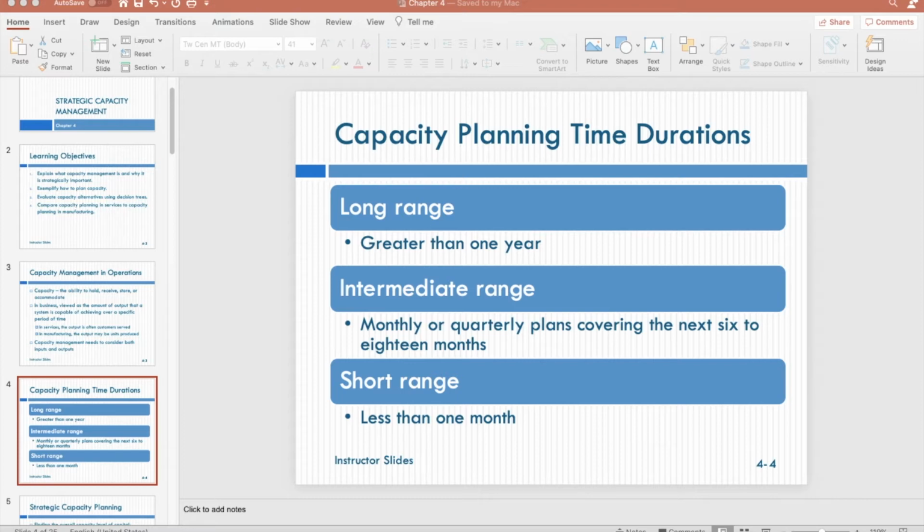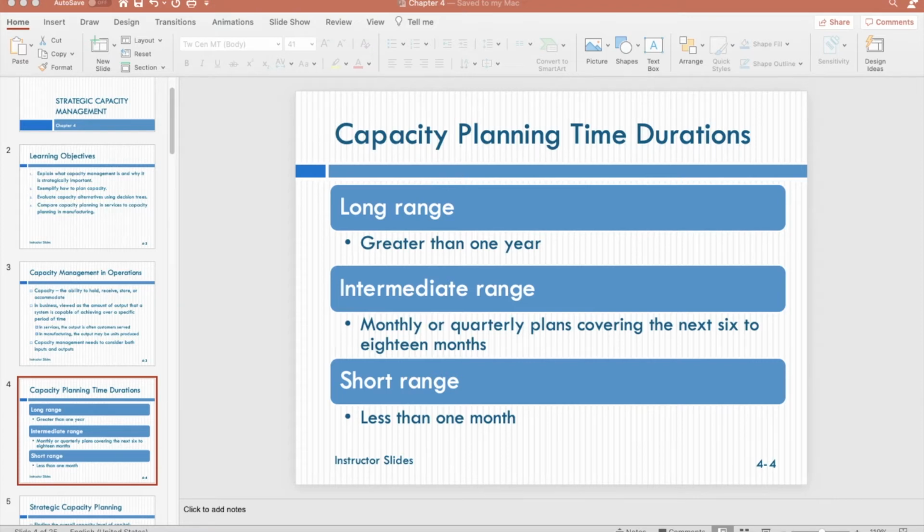But in terms of time duration, normally we separate it into three different categories. The first category is called long range capacity planning. This is basically planning for the big picture of the operations management level, from a big point of view.